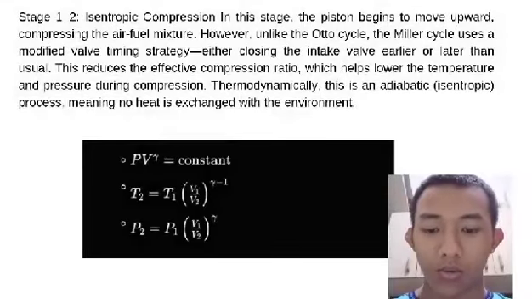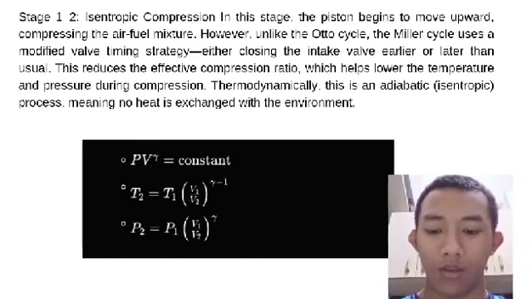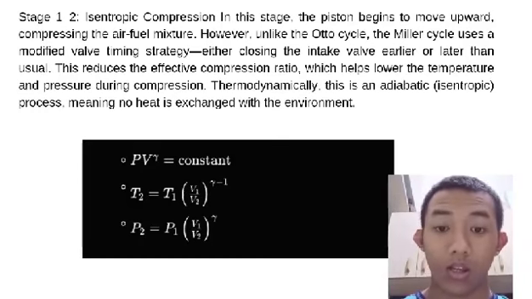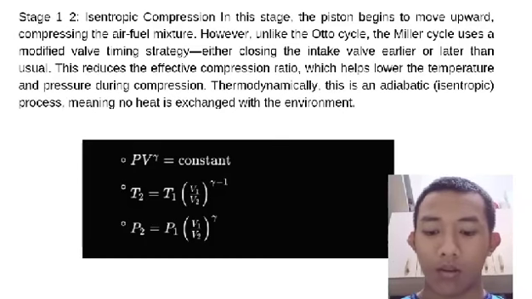Stage 1 to 2 is the isentropic compression stage. During this phase, the piston moves upward, compressing the air-fuel mixture. Unlike the Otto cycle, the Miller cycle modifies the timing of the intake valve, either closing it earlier or later.